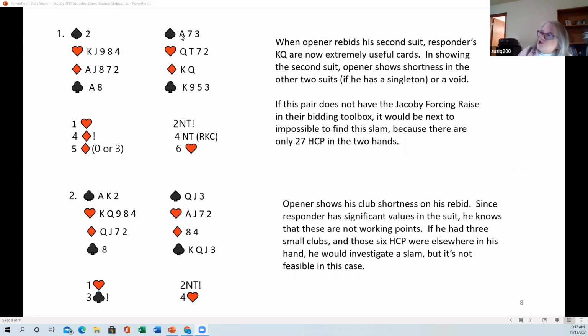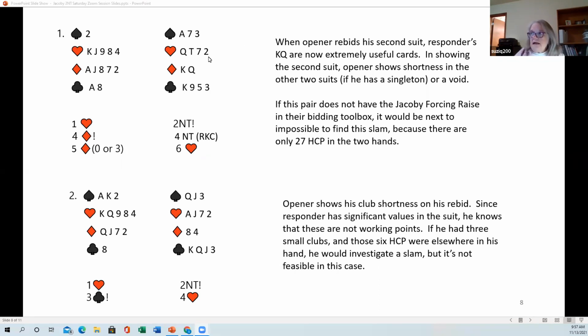This is a typical Jacoby 2 no trump response here. Partner opened 1 heart. I have 4 card support. I have an opening hand. Notice this is 14 points, and I have a doubleton here. So I have a hand that has 14 high card points in it.